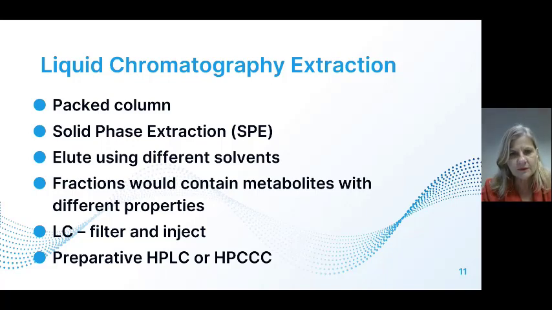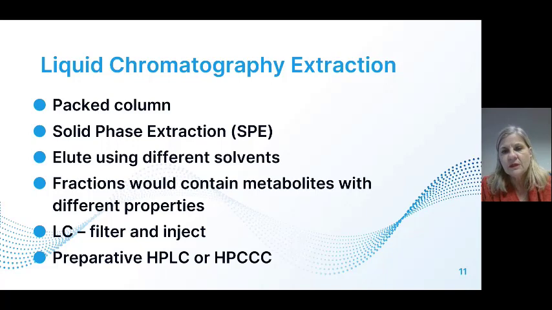You can use preparative HPLC, where you also place your crude extract on the prep HPLC, which means you can place higher sample volumes on your column, and therefore obtain higher quantities of your specific metabolites.